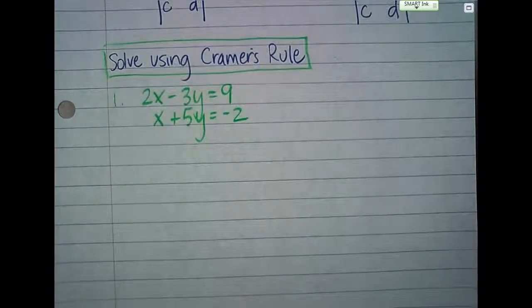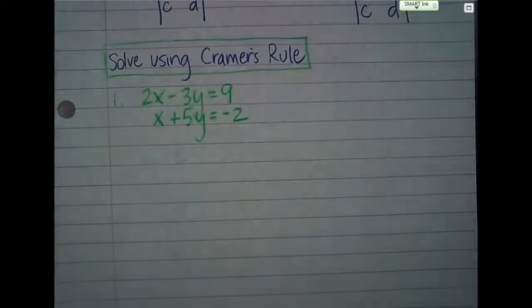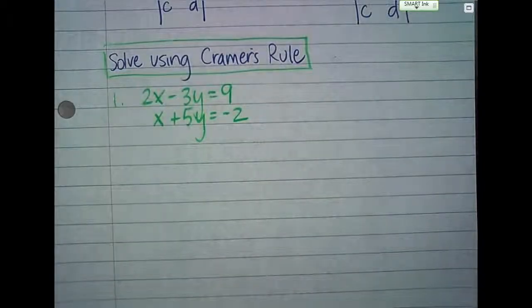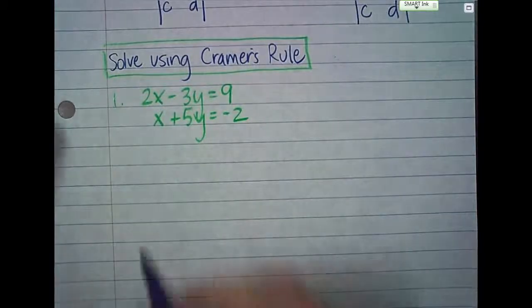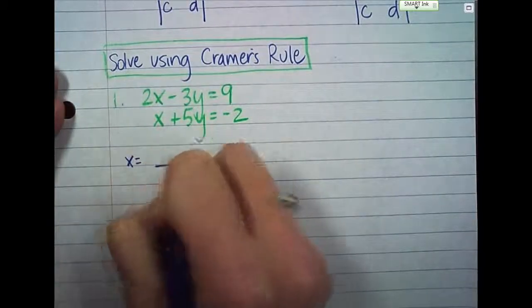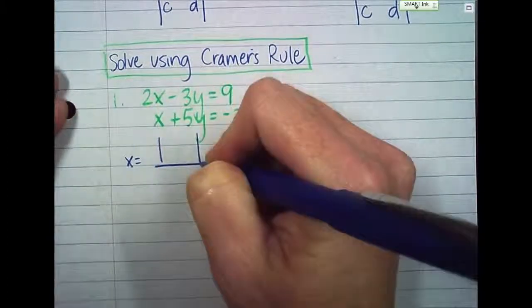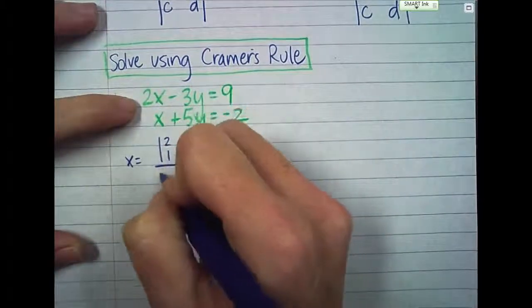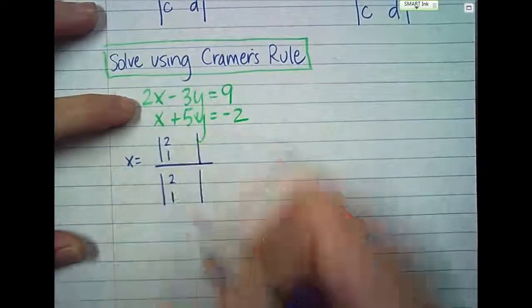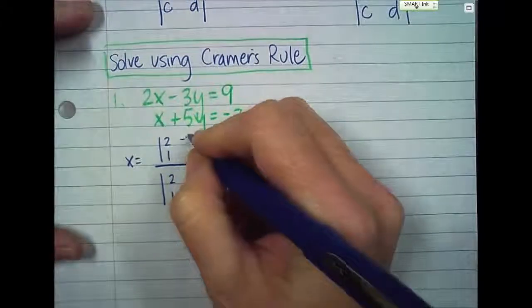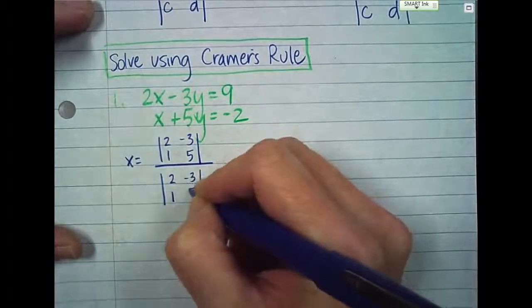So let's set up a determinant for x, right? And set up your determinant for y. For x, we're going to use 2, 1, 2, 1. For y, negative 3, 5, negative 3, 5.